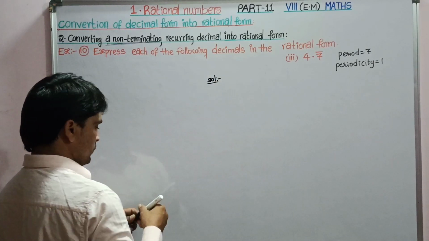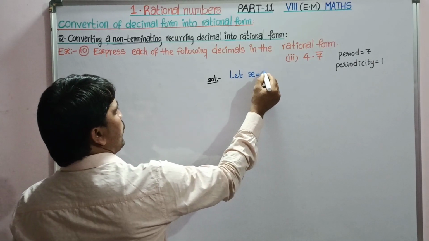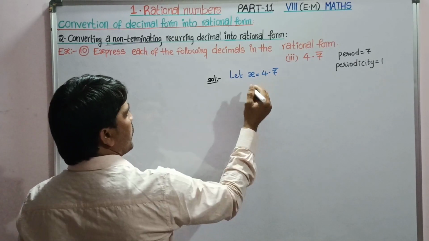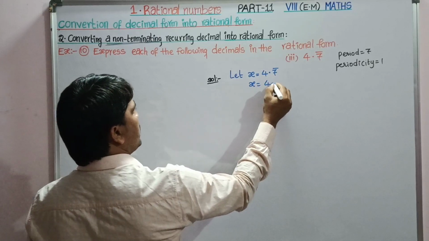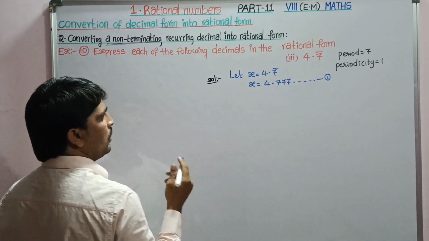Solution. Let x equal 4.7 bar. Then x can be written as 4.777 and so on. Let it be equation 1.